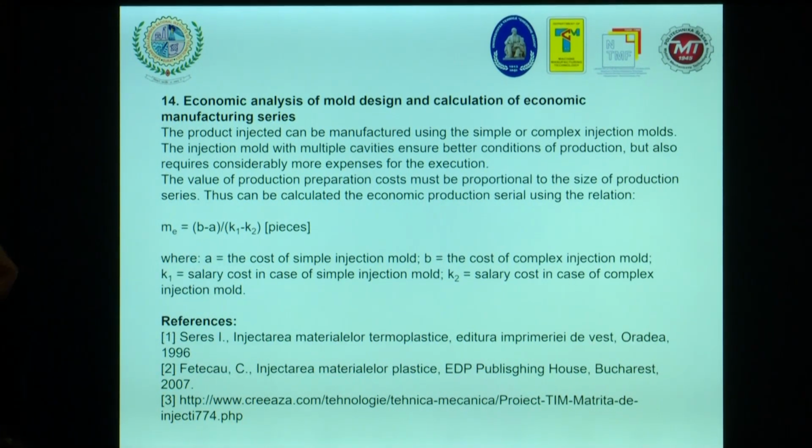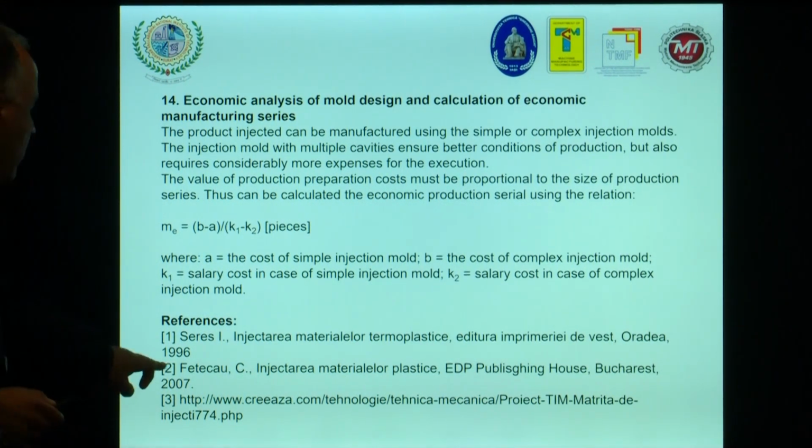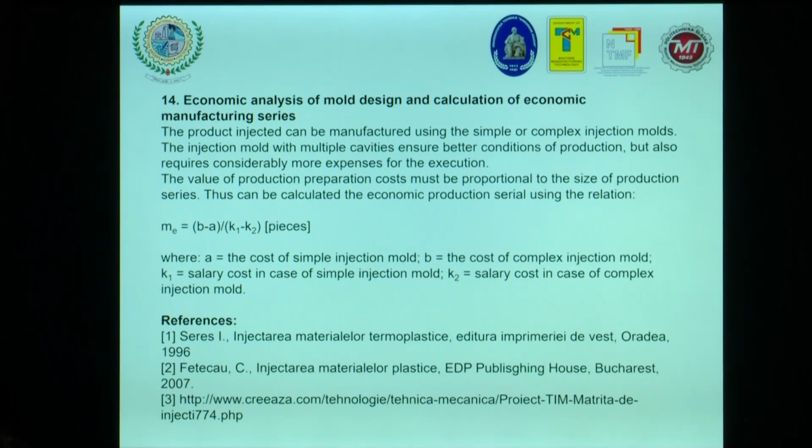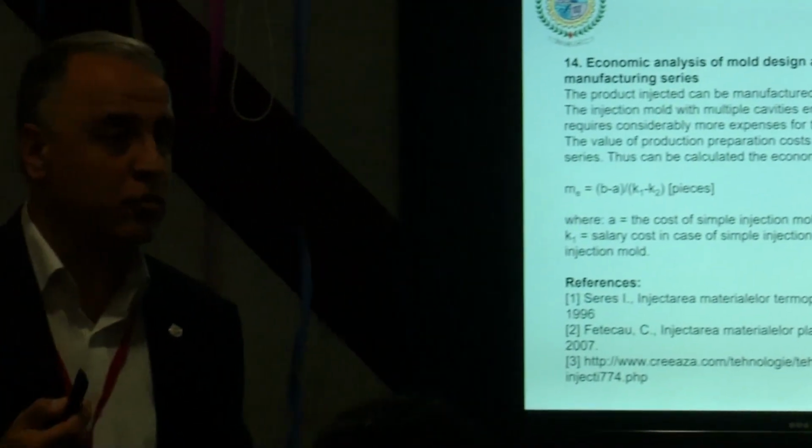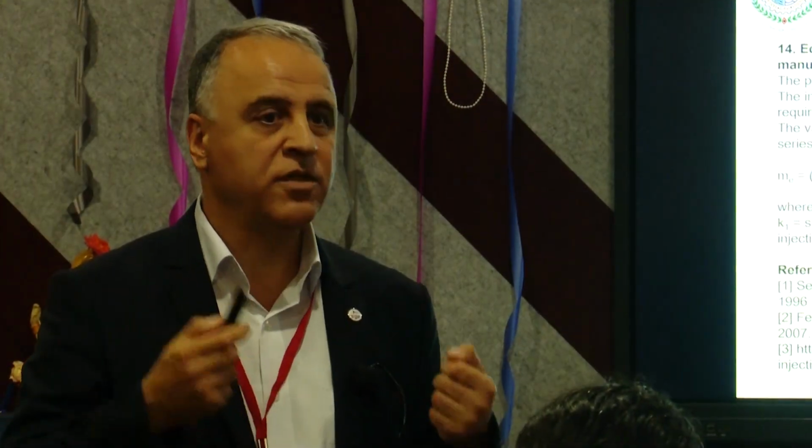Also, a friend of mine from Galați published a good book, of which I was the reviewer. He put in many examples of different molds, which is quite useful for the students, with different parts, how to obtain them, how to draw them, and so on.